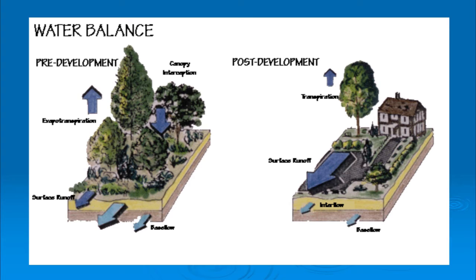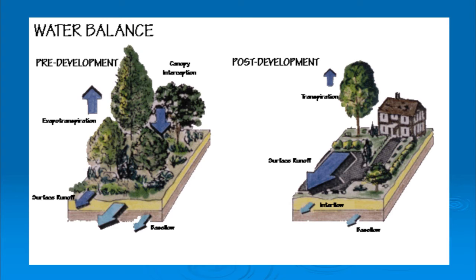On the flip side of that, we look at the post-development. Transpiration is a much smaller component, also because there's less trees. There is very little, if no, canopy interception. This surface runoff is very large. Interflow and base flow arrows are both very small.